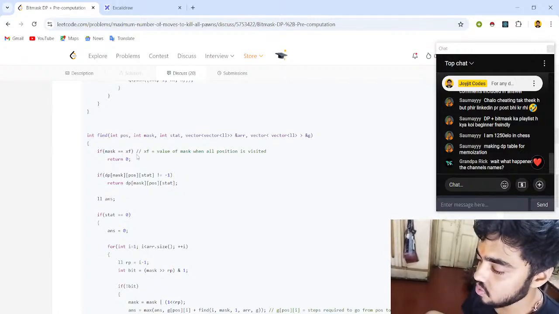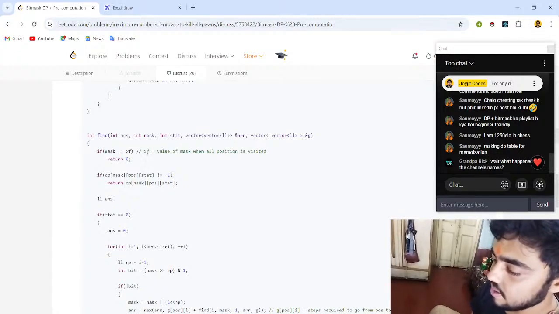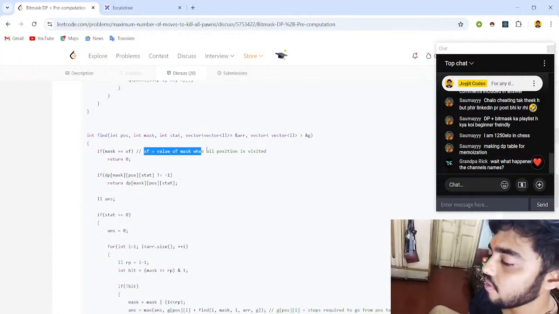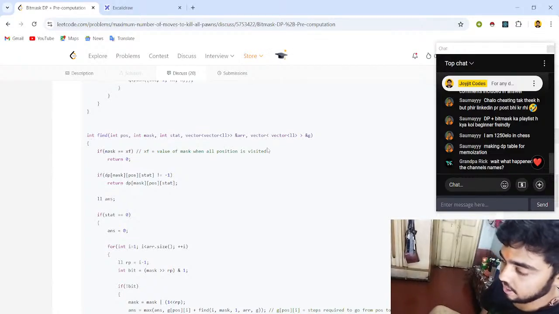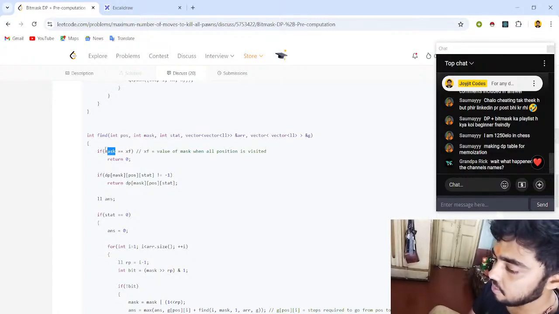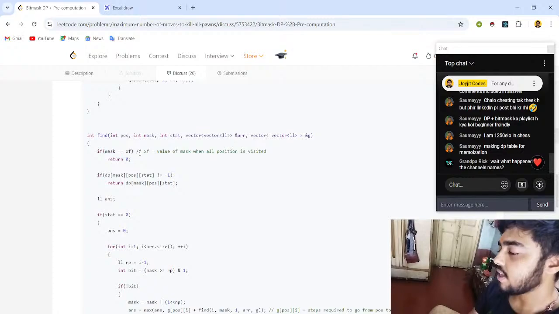So what he is doing is, if mask is equal to xf, that is the value of the mask when all positions are visited, 2 to the power n minus 1, then only the value of the mask will be xf. In that case we can say that we have visited all the positions, so just return 0.